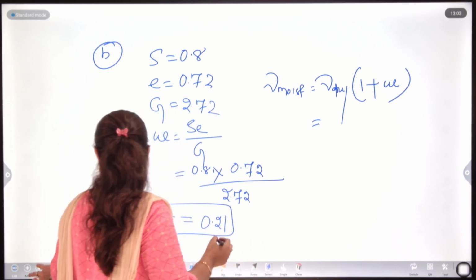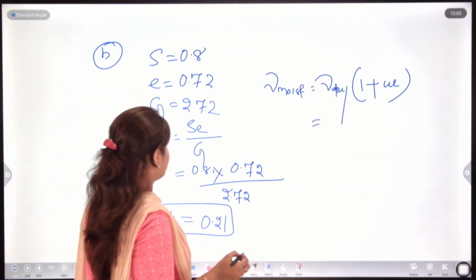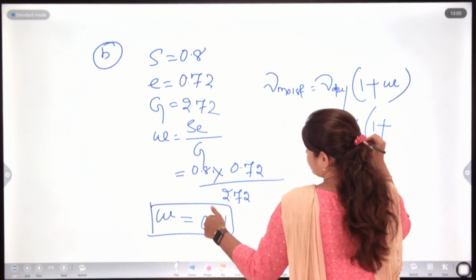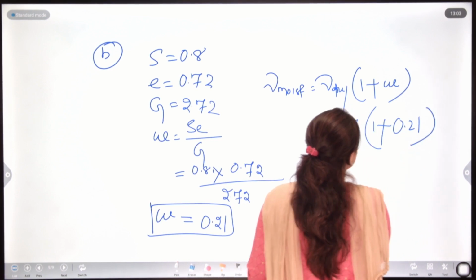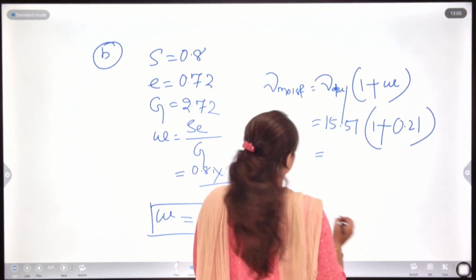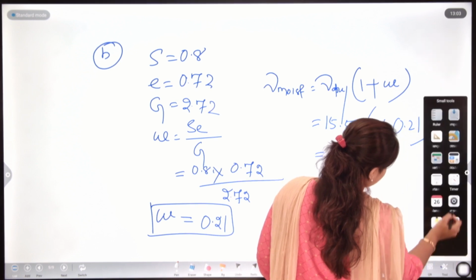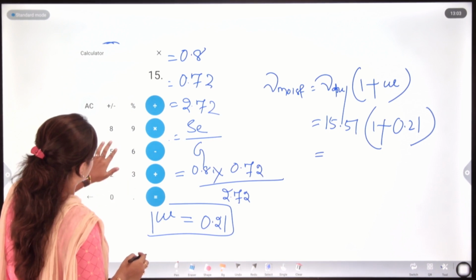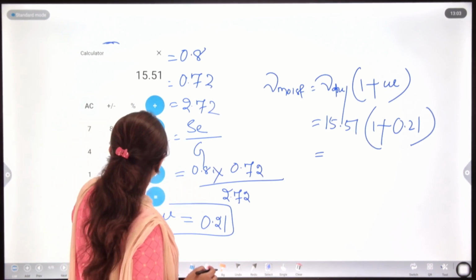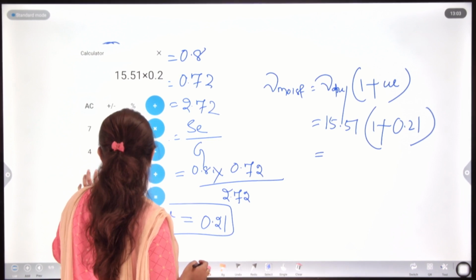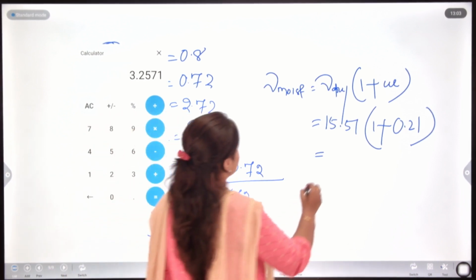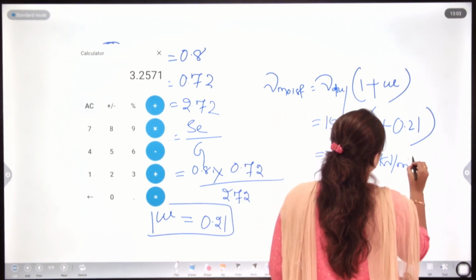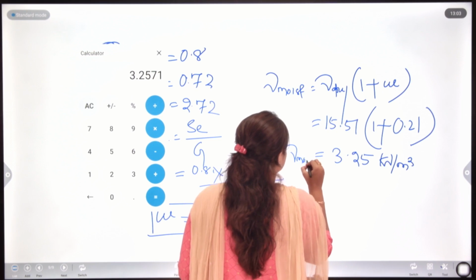So 15.51 multiplied with 1 plus 0.21, that is your 3.25 in what? Kilonewton per meter cube.